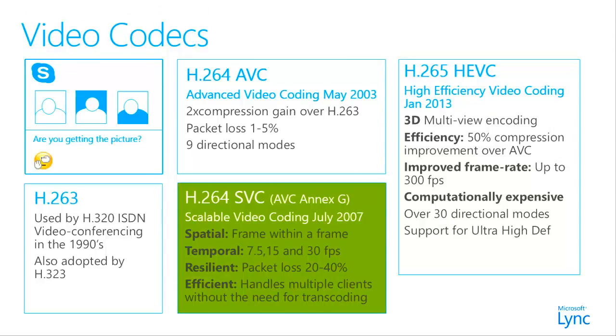So this type of codec significantly changes the previous mechanism, which was having to do transcoding, transrating for all of the people who were part of a meeting, perhaps. In this case, however, you code once, you send out, and then the receiving terminals use the bits that they need.